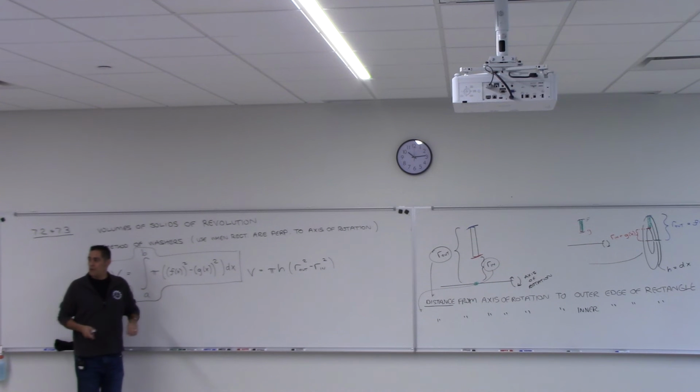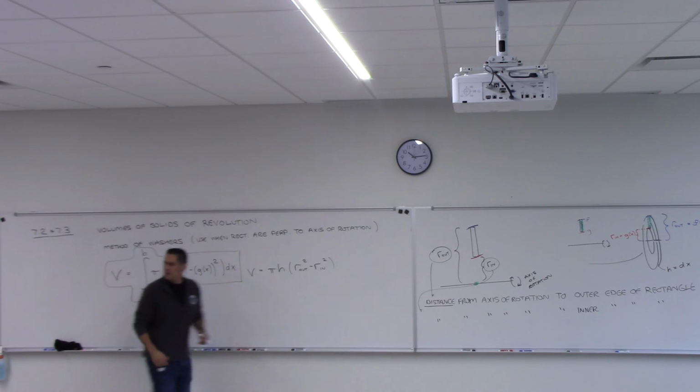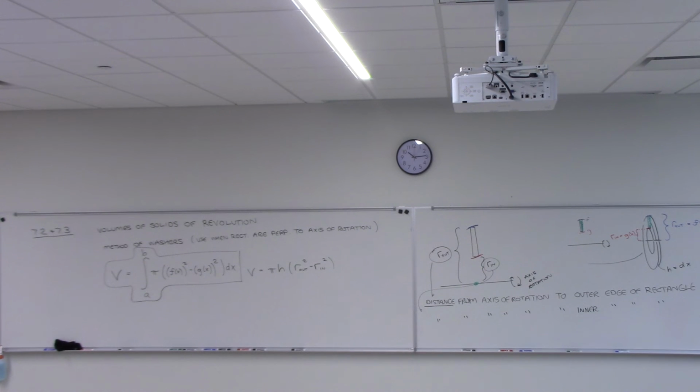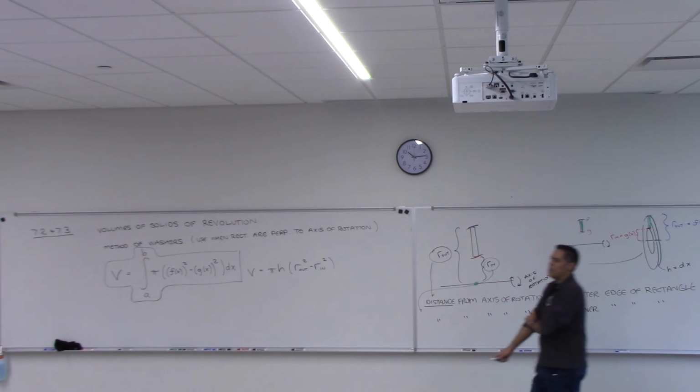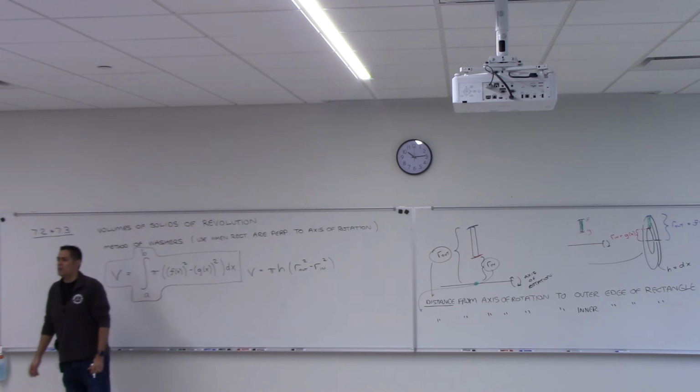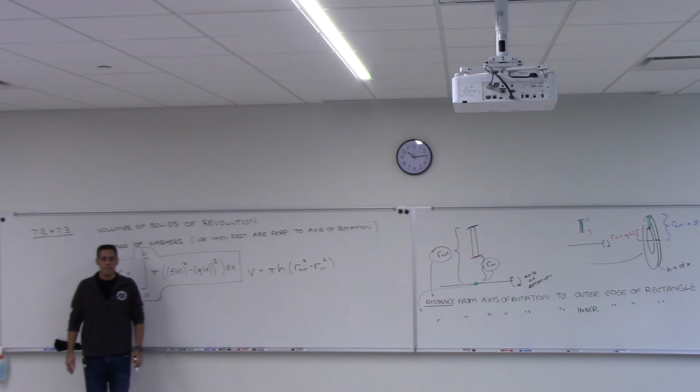And capital R sub I is inner radius. And I think in the notes I do state what those are. On the side here, it says R O is the distance from the axis of rotation to the outer edge of the rectangle. R I is the distance from the axis of rotation to the inner edge of the rectangle. All right?